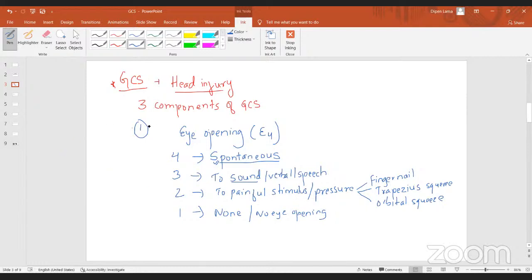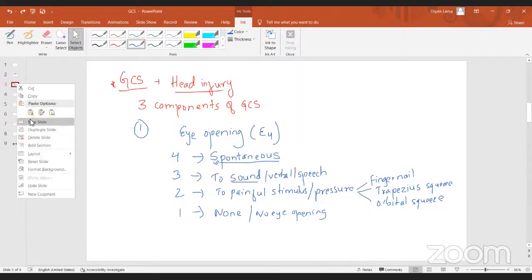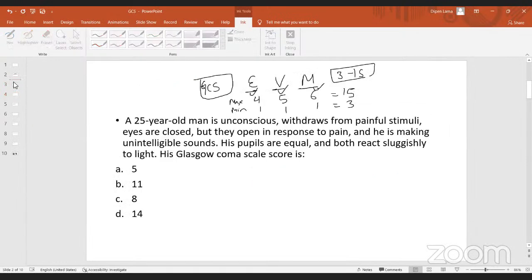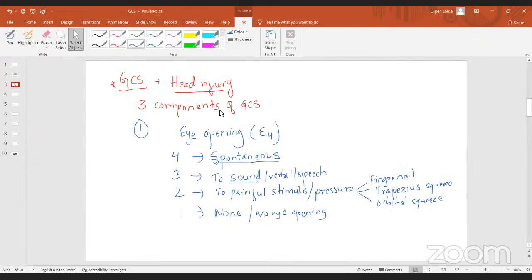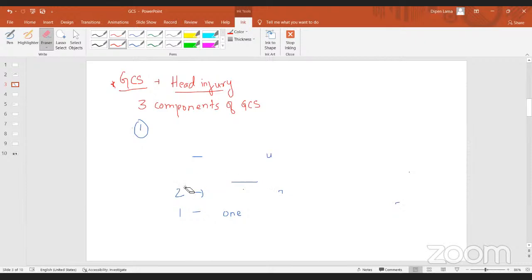Now let's go to the second component. So second component is verbal response.